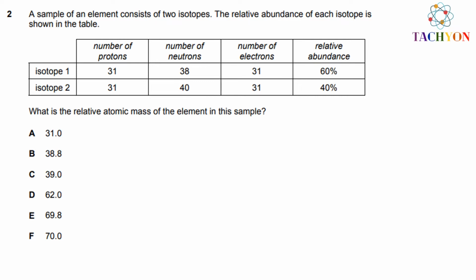So let's see. First of all, for isotope 1, this is the number of protons and neutrons to get the mass number. If you are adding, that is 31 plus 38, that is 69, and its abundance is 60 percentage.